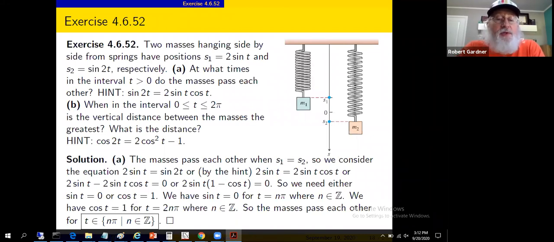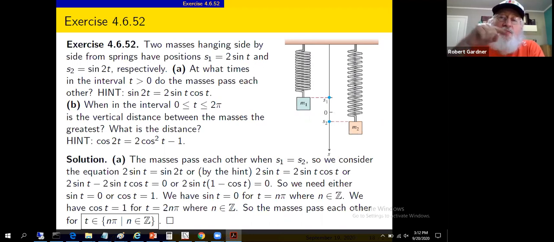They wanted us to do this for all t greater than 0. I've actually given an answer for all t down here. It's easily modified. Cosine t equals 1. That happens at even multiples of pi, at 0, at 2 pi, at 4 pi.